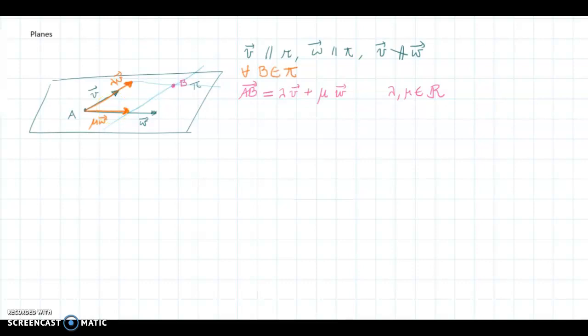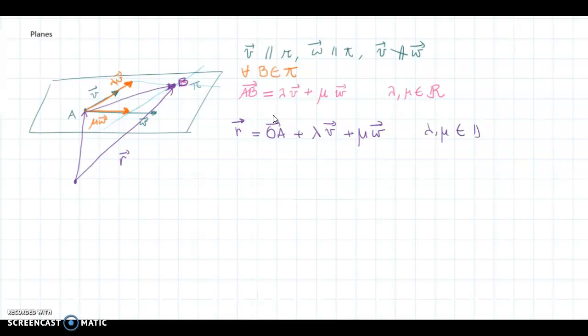For any point B on the plane, like I have here my B, if I consider the position vector for this point B, let's say R, I'm saying over here that I can write this position vector as the position vector for the point A, plus a linear combination of the vectors V and W. We can write R as OA plus some lambda multiplying V plus some mu multiplying W, where lambda and mu are two real numbers, which are two independent parameters. So this is the vector equation of a plane.